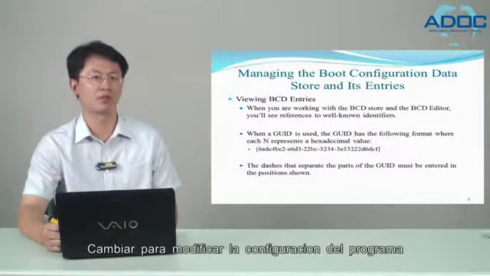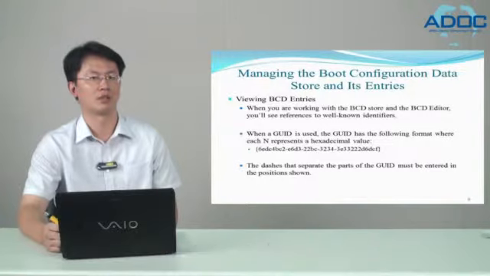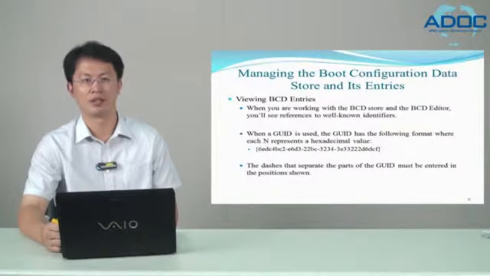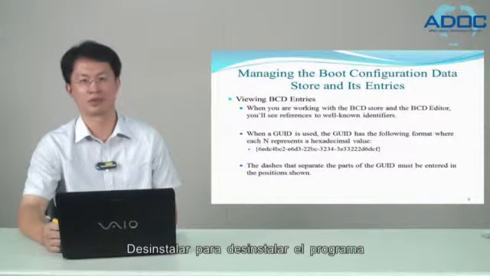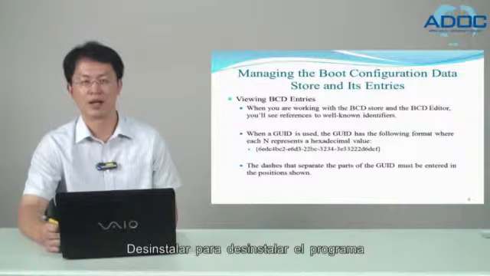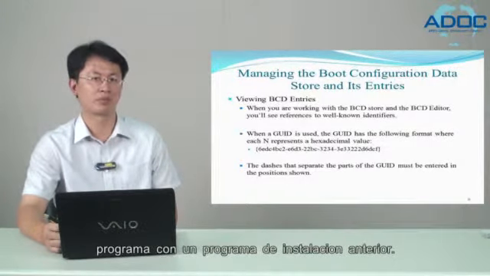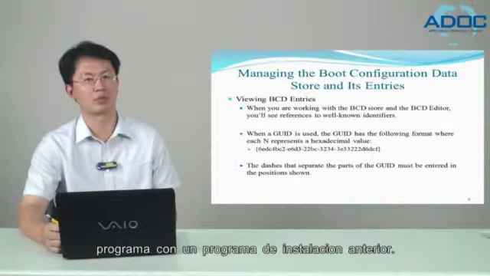Change to modify the program's configuration. Repair to repair the program's installation. Uninstall to uninstall the program. Uninstall or Change to uninstall or change a program with an older installer program.